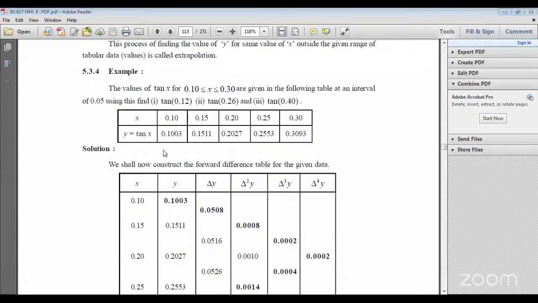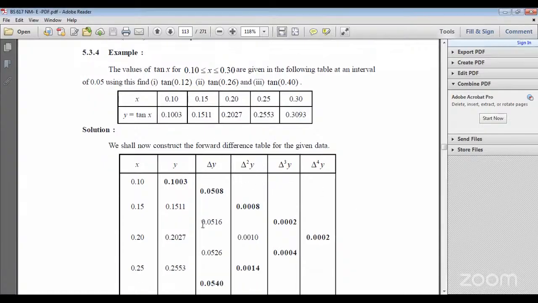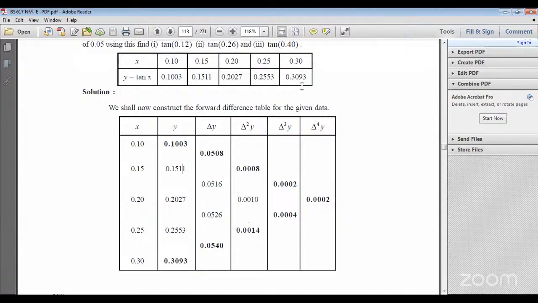So see here 1.0100, 0.1511, 0.2027, 0.2553, 0.309. So I am taking here 0.3093.